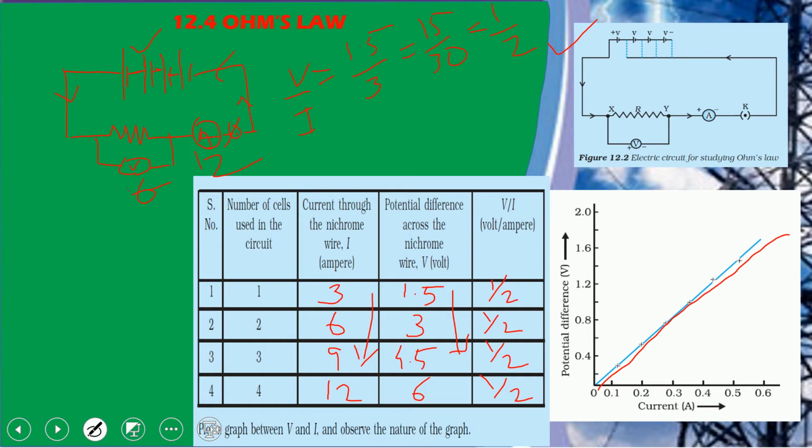When you increase the potential difference, there will be changes in its value; the ratio V upon I will change. Why? Because when the potential difference is applied through a conductor for a long time, the temperature of the wire will increase. When the temperature of the wire increases, the ratio won't remain the same.